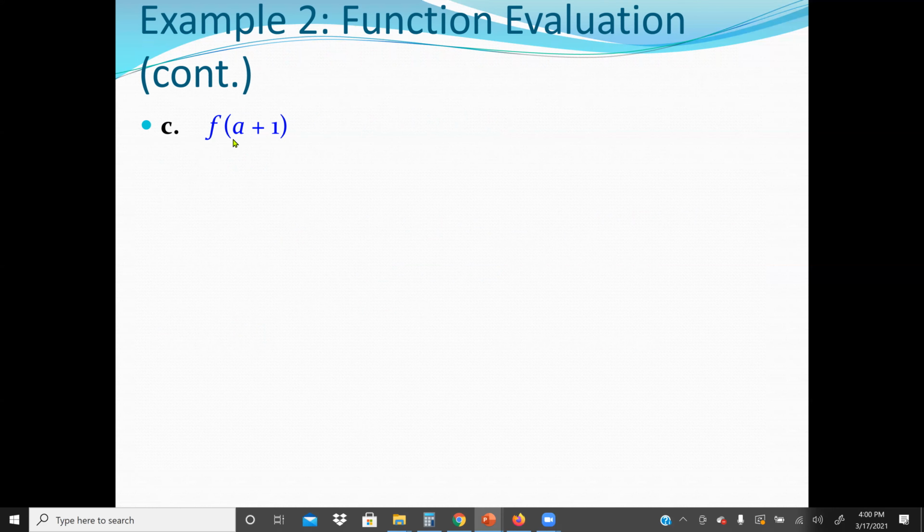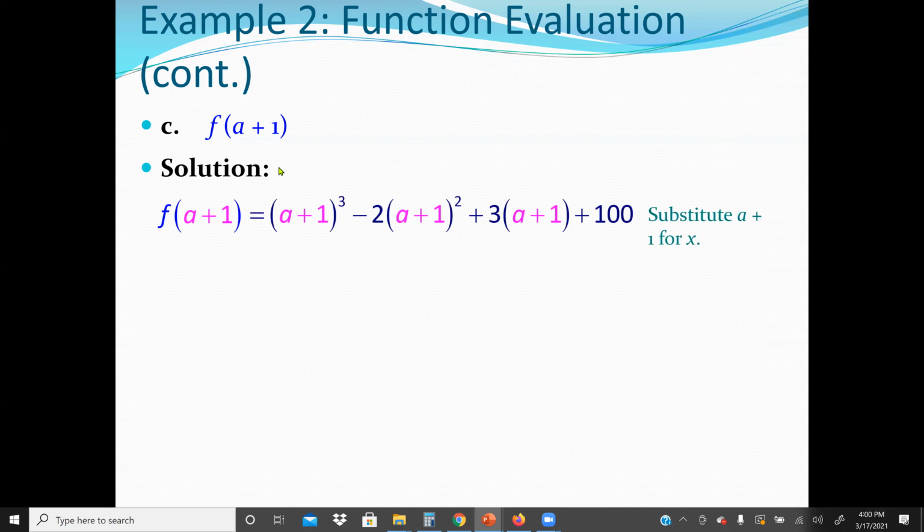Also, we have f at a plus 1. Anywhere we see x, we are going to substitute a plus 1. So x cubed will be a plus 1 cubed minus 2 times a plus 1 squared plus 3 times a plus 1 plus 100.